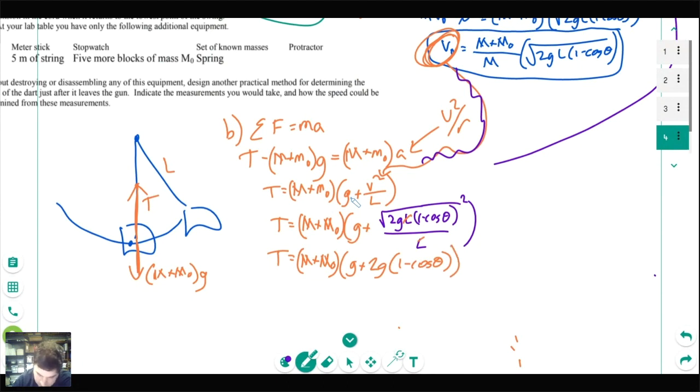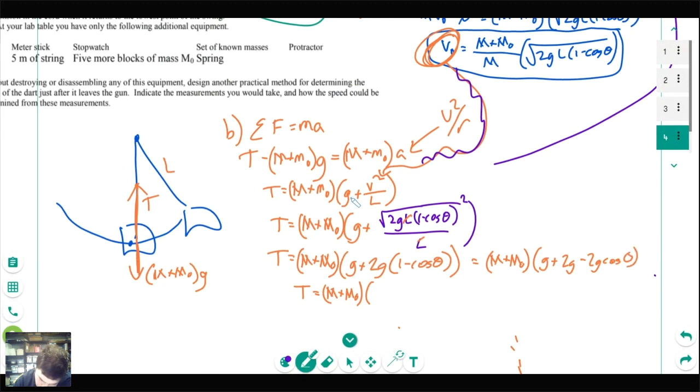And then finally, if I really wanted to, yeah, you know what, let's combine stuff. 2g minus 2g cos theta. So T equals m plus m naught times, let's see, I did too much in my head, g plus 2g minus 2g cos theta.